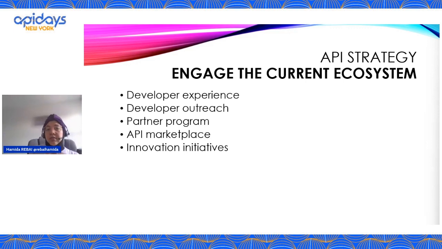Another element is developer outreach. In addition to providing resources for your developers, you need to actively reach out to the developer community and build a relationship with them. Another important element is partner programs that can help you engage partners and other stakeholders in your ecosystem.